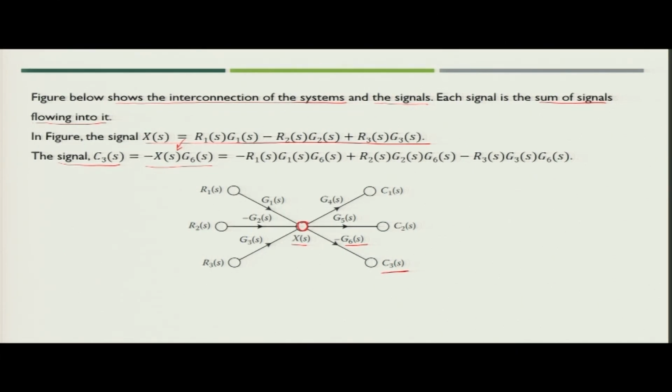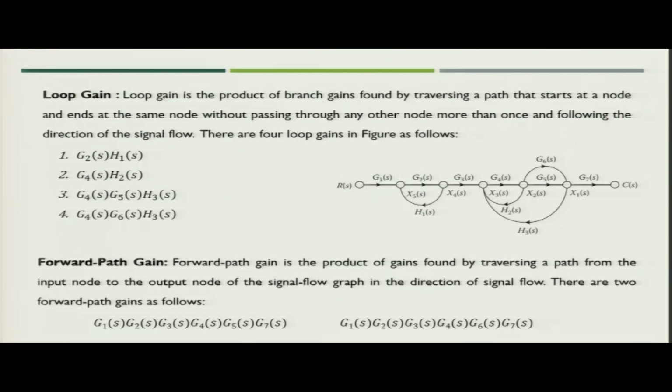So, this signal flow graph property will help in finding the transfer function of the system more easily. Now, before going into finding the transfer function of a system, let us understand a few terms which we will use for finding the transfer function using the signal flow graph.